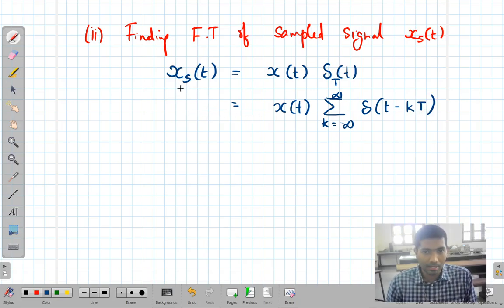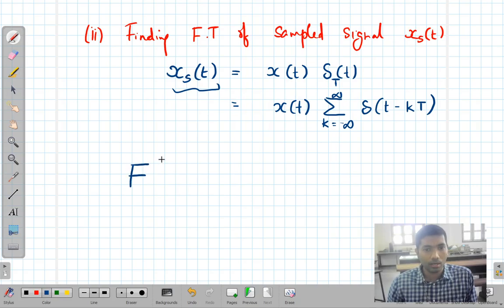So this is the sampled signal. Now the question is, what is the Fourier transform of this sampled signal? First I'll give the Fourier transform, and then I'll try to derive it.